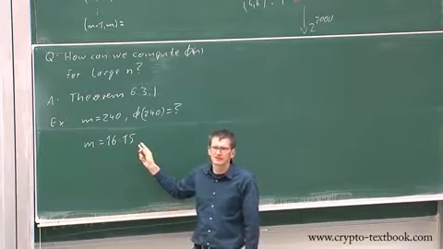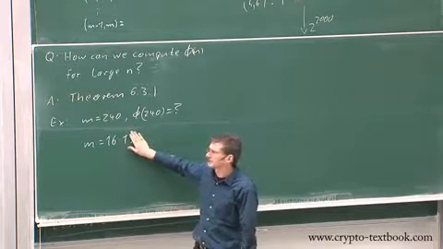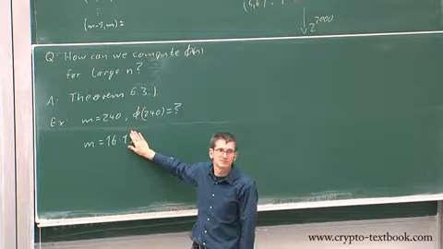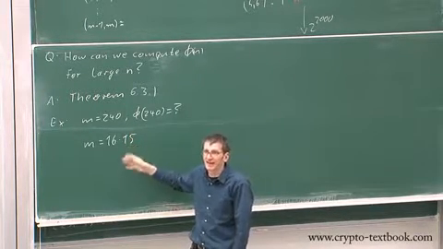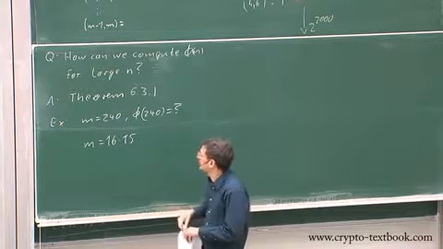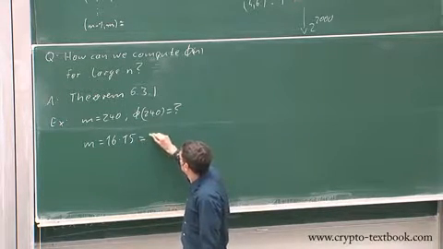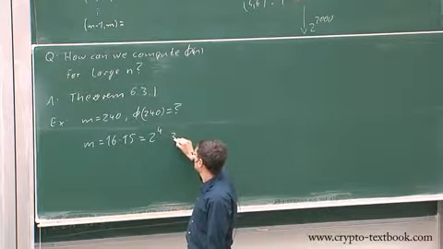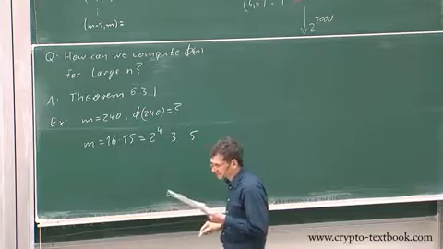So 16 times 15, can you do that in your head? 10 times 16 is how much? 160, and then 5 is another half of that, right? 160 plus 80 is 240. So 240 is 2 to the 4 times 3 times 5.